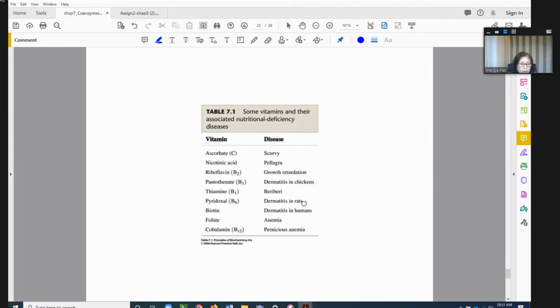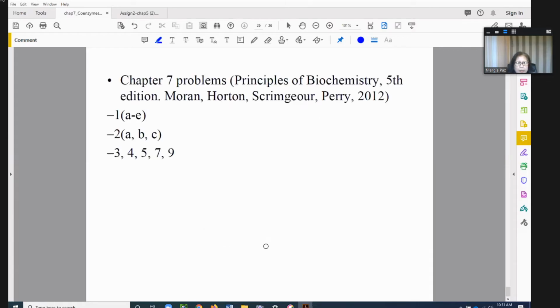When the amounts are lacking, when there's deficiency, then various diseases are encountered, although these are rare now. So these are the diseases associated with a deficiency of these vitamins here. Just for reference.